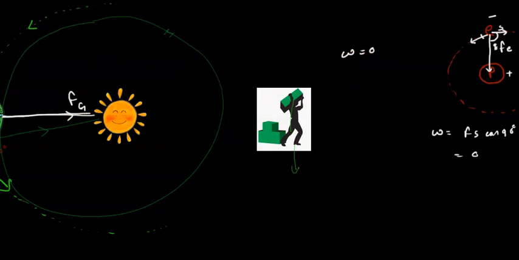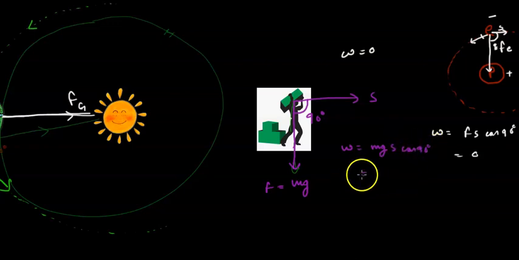Suppose the coolie is carrying a load, and the load, basically the force, the weight, is going down, mg, and he is moving in this direction, displacement s. Now it produces displacement perpendicular to the force. Now you can say the work done will be 0, because the force, which is mg over here, and displacement s both make 90 degrees with each other, and the work will be 0.